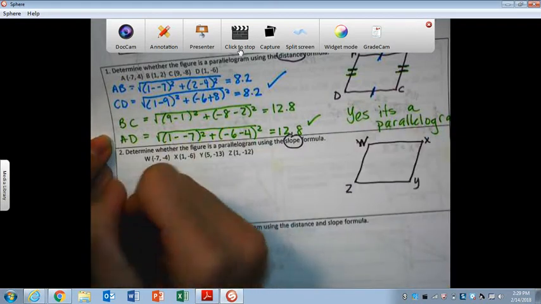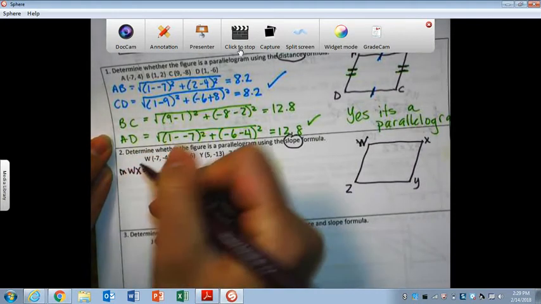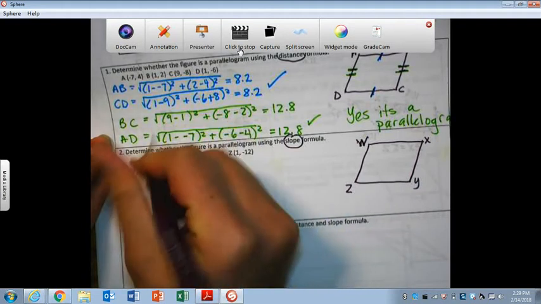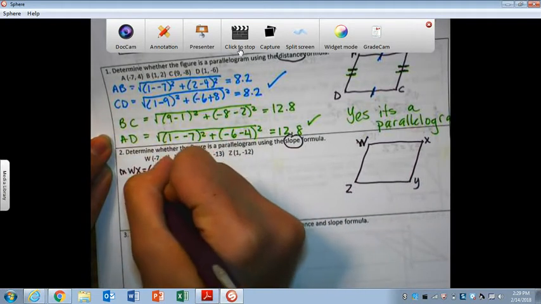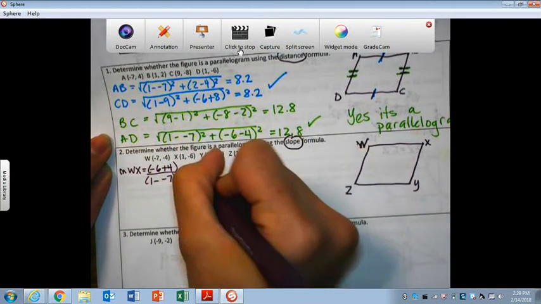So the slope of WX is negative 6 plus 4 over 1 minus negative 7, and you put that in your calculator and you're going to get negative 1/4.